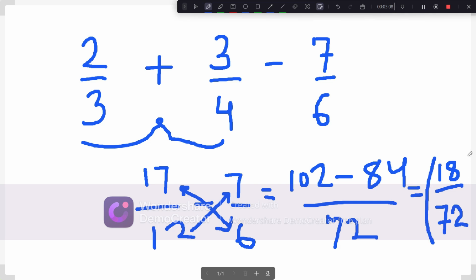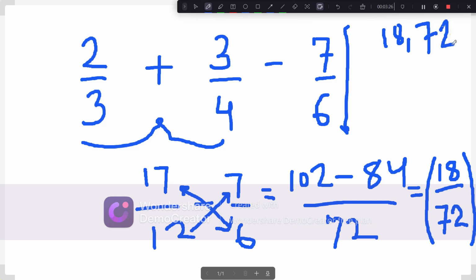But our answer should be irreducible. So what is the GCD of 18 and 72? Go back to school days: 18 is the greatest number which divides both of them.